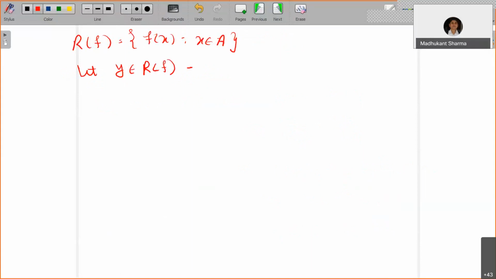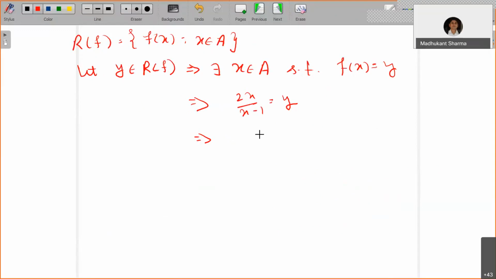This implies there exists an x in A such that f of x equals y. So this implies 2x by x minus 1 equals y. This implies, you solve it back for x now. So 2x equals x into y minus y.